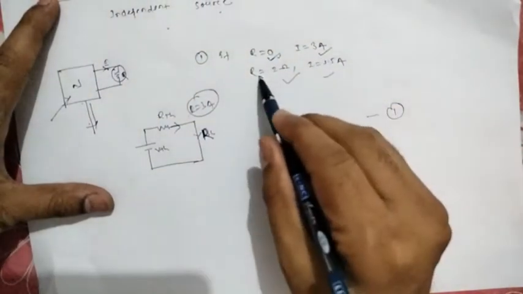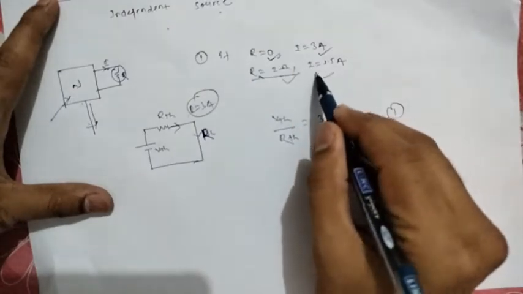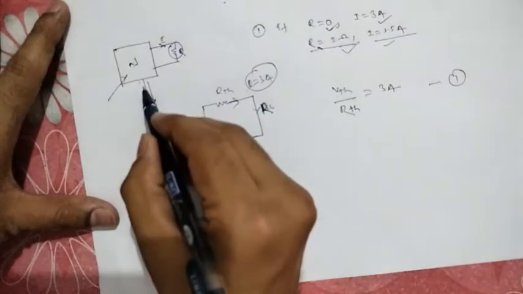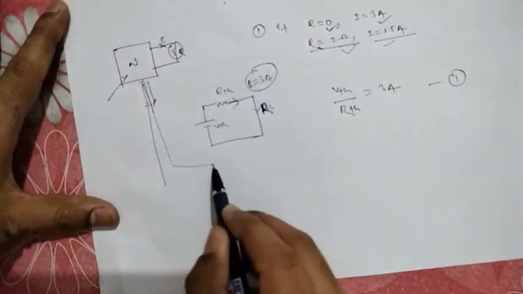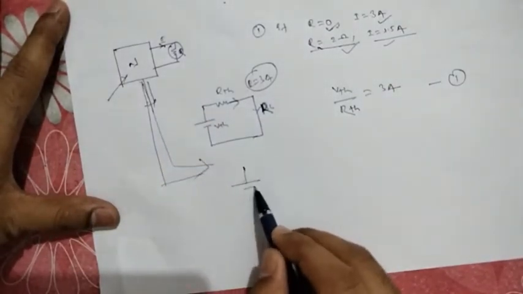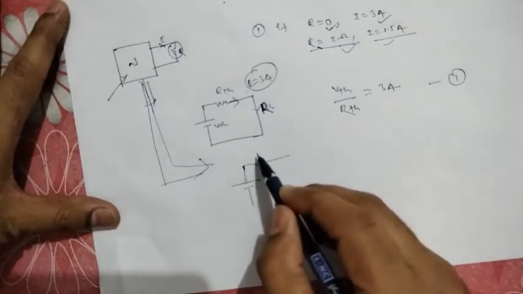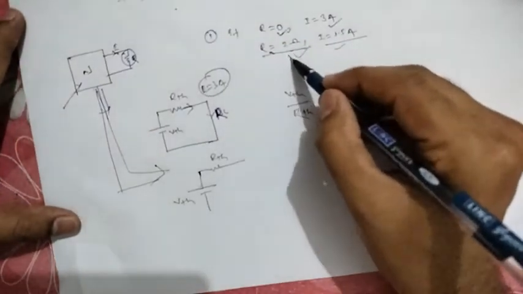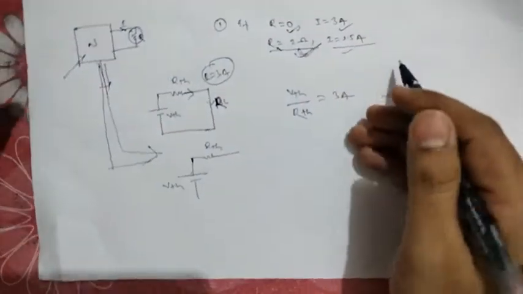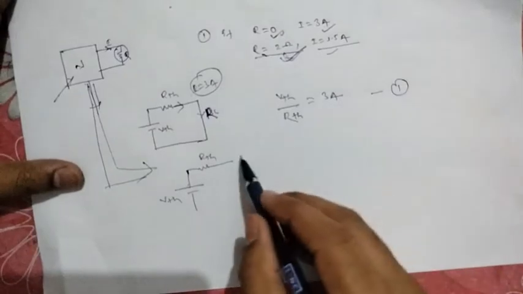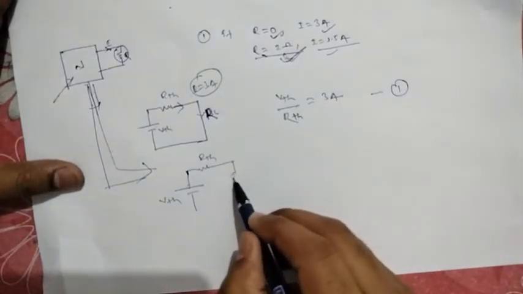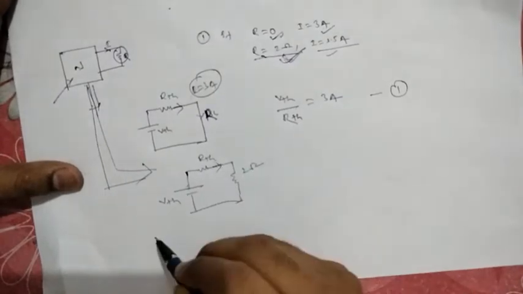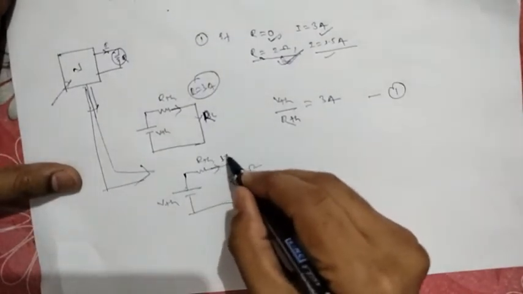Now the second case, where it is given that when R is equal to 2, then I is equal to 1.5 ampere will flow. Now I am again making this circuit into VThevenin and RThevenin. When the external resistance is 2 ohm, then 1.5 ampere current flows.